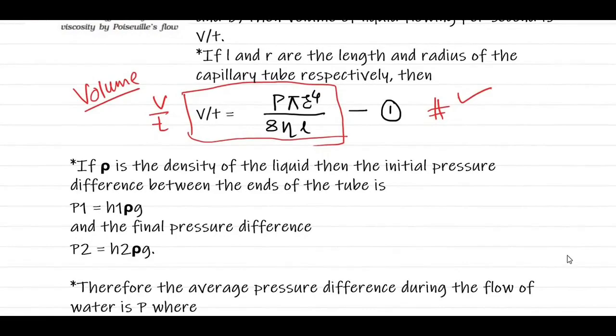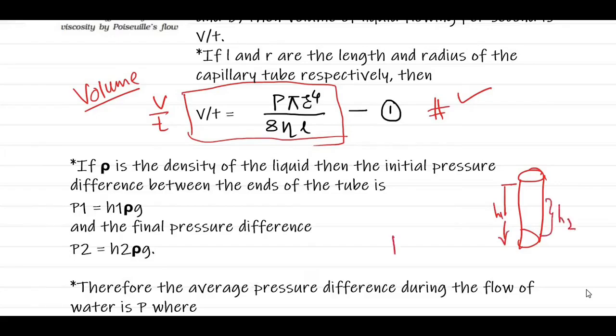Then the initial pressure difference between the ends of the tube we can calculate. The initial height was h1, so the pressure will be h1 rho g, that is what we call P1. And if we stop, that means the final height. So I will draw one more diagram. Let us consider the initial height is h1, and the final height is h2.